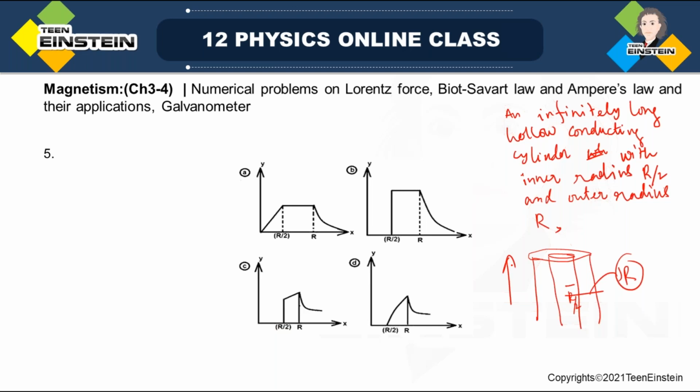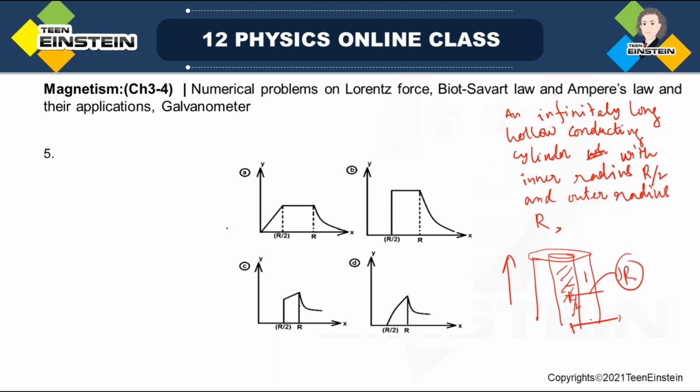Now the magnitude of the magnetic field B as a function of radial distance from its axis is best presented by the figures given. So the magnetic field starting all the way from its center to any point outside and inside. See, there is material here, and here this is empty. So what is the variation of the magnetic field with the radial distance, that you have to find out.